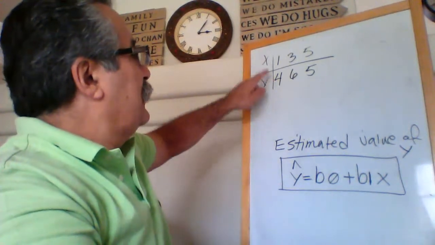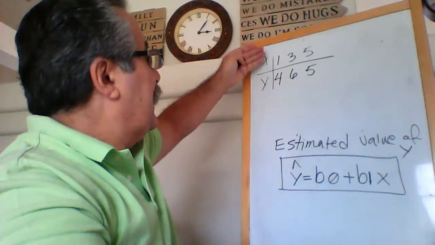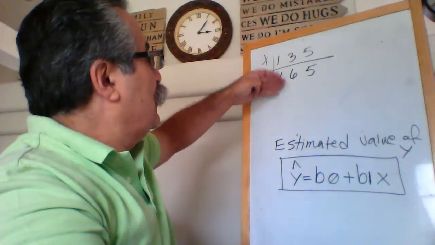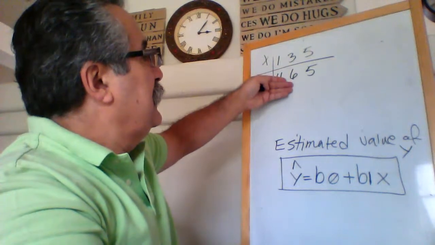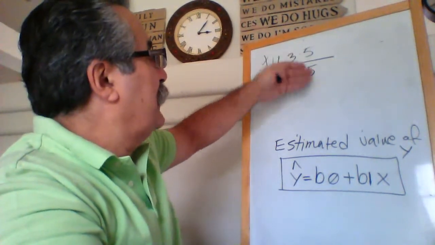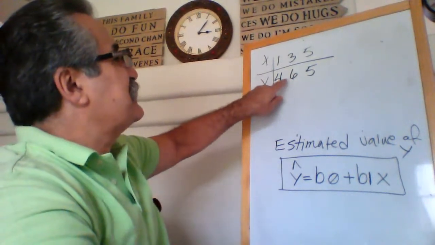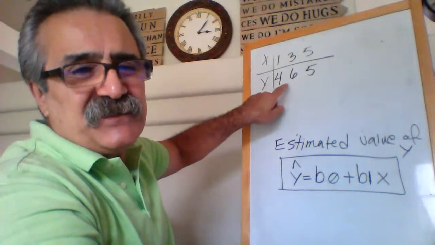You can tell by looking at the values. X is 1, y is 4; x is going up, y goes up, then it goes down. So there is slightly a positive relationship between the two.